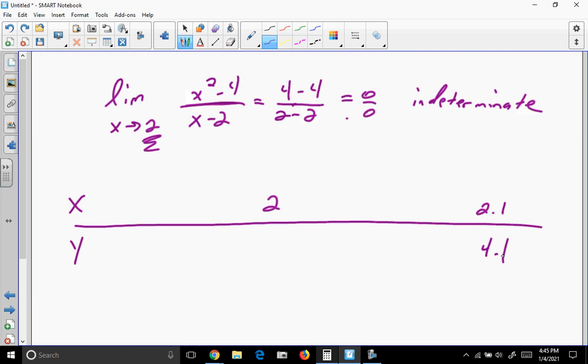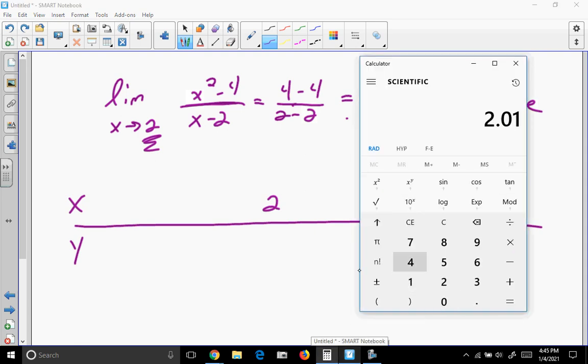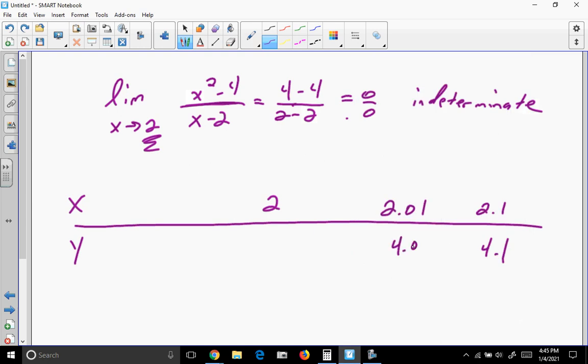So when we put this x in, we got this y. Now let's get a little bit closer to 2. Let's get within a hundredth of 2. If we put 2.01 into our function, we square it, subtract 4, and that gives us the top. Then divide by 2.01 minus 2, which is 0.01, and that gives us 4.01. So this x is a tenth to the right of 2, this is closer to 2, a hundredth to the right.